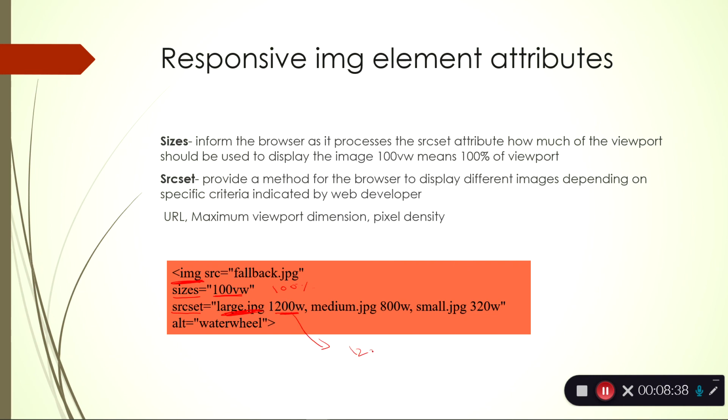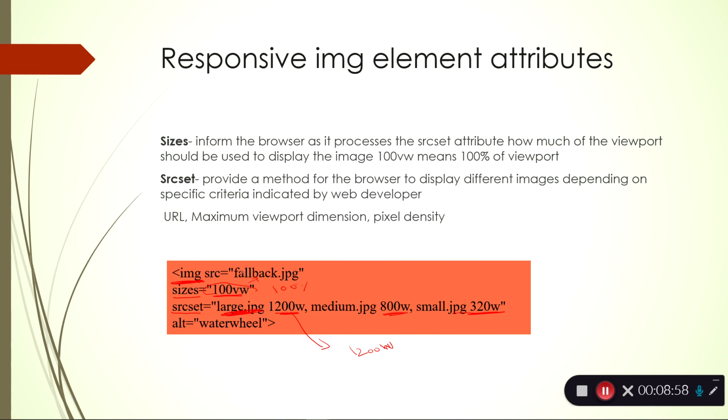What is this width? 1200w means you want to pick the large image, 800w means medium image, and 400w means small image. Like that we can specify different images. When it is 100vw, then we will go for the default image.